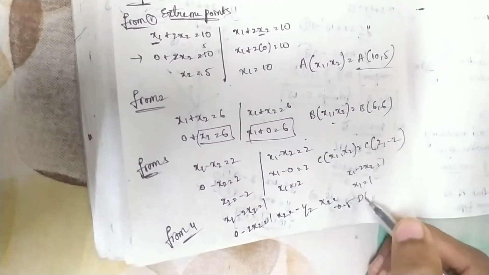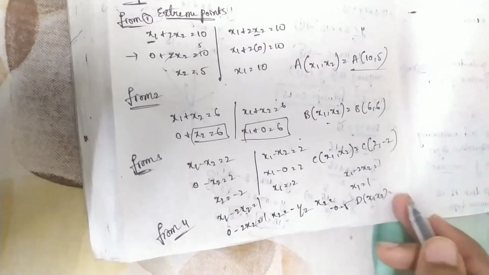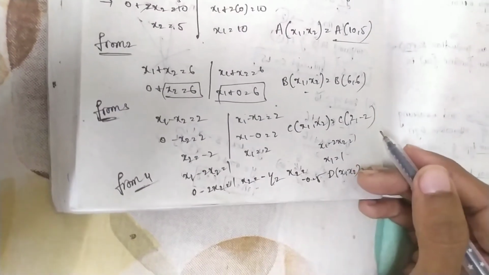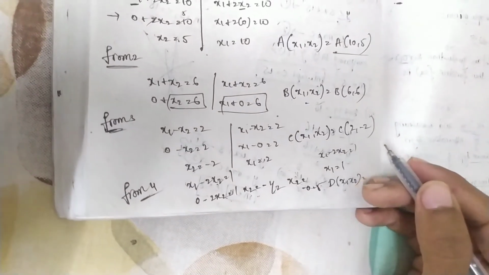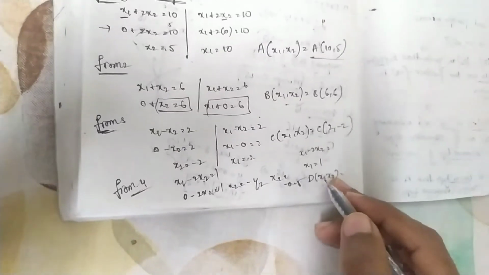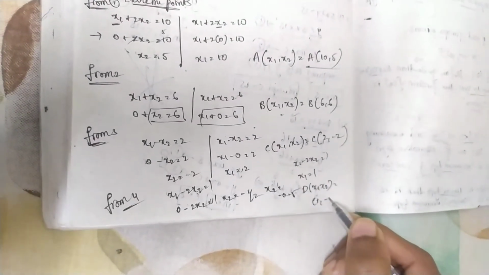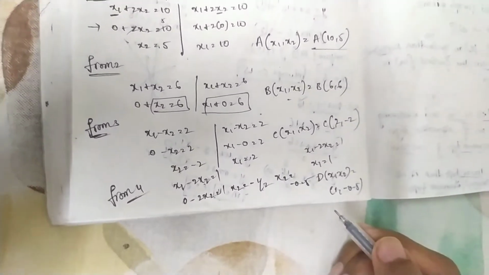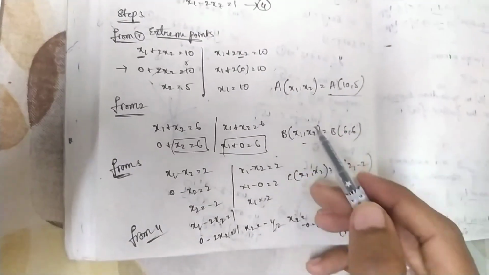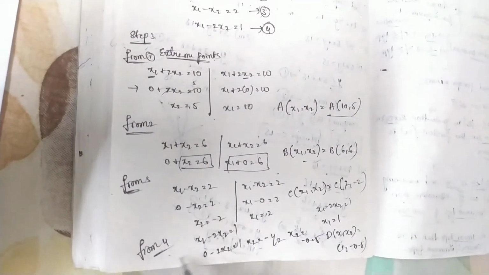That is D of x1 comma x2 equals D of 1 comma minus 0.5. These are all the extreme points from equation 1, equation 2, equation 3 and equation 4.